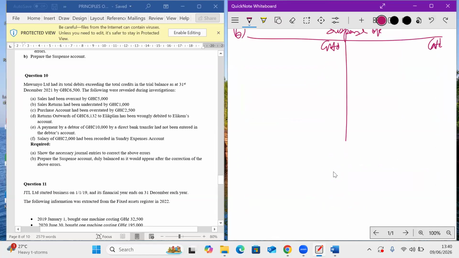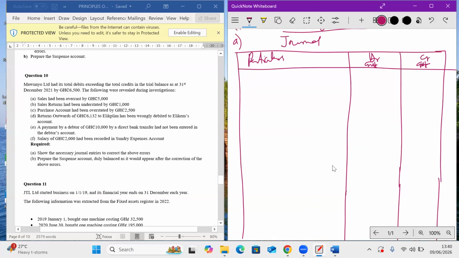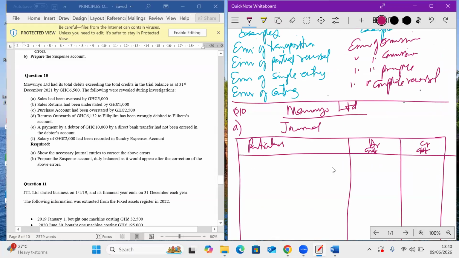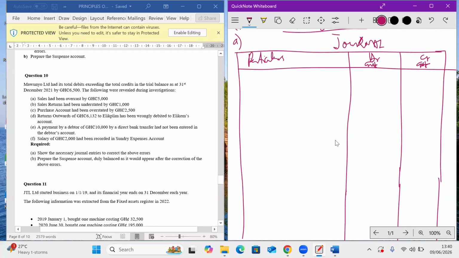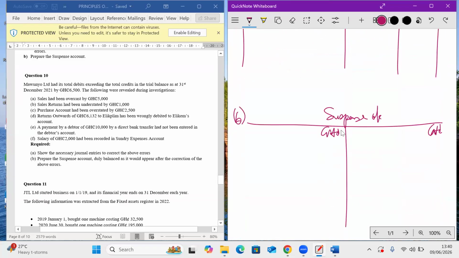That's why I'm using a pencil to draw the table. But the entries in that I'm using pen. The journal too, I'll use pen. Center the journal in the answer booklet. You can write in capital letters. That's fine. That's how you do it in the exams. If you do anything anyhow, they'll give you a receipt.